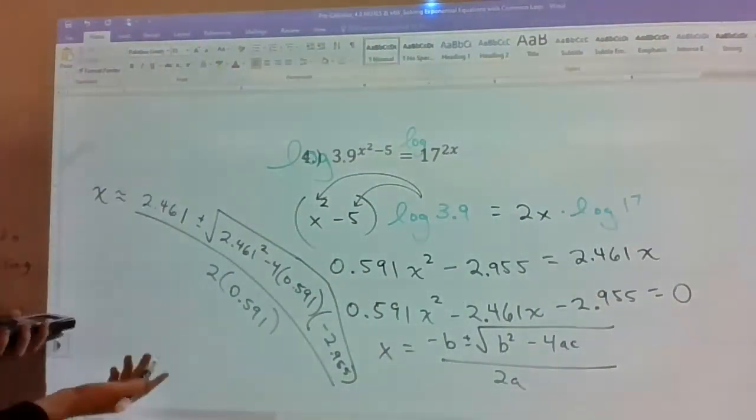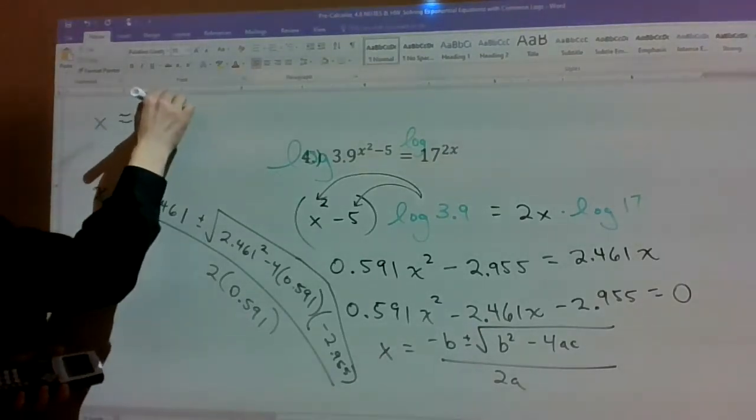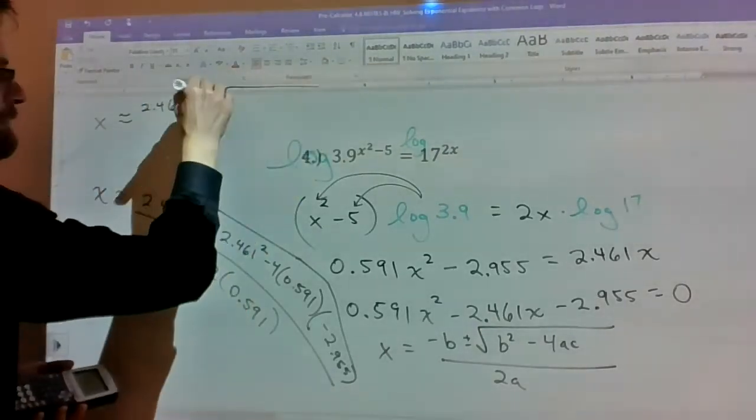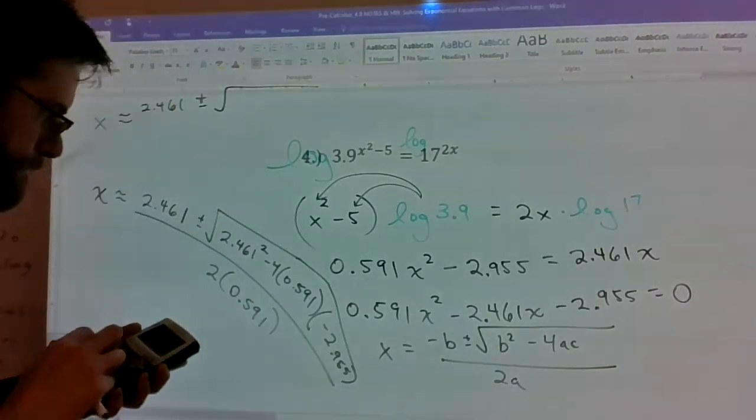So up here, something that makes a little more sense would be 2.461 plus or minus. I'm just gonna type this whole string of things in my calculator as I see it.